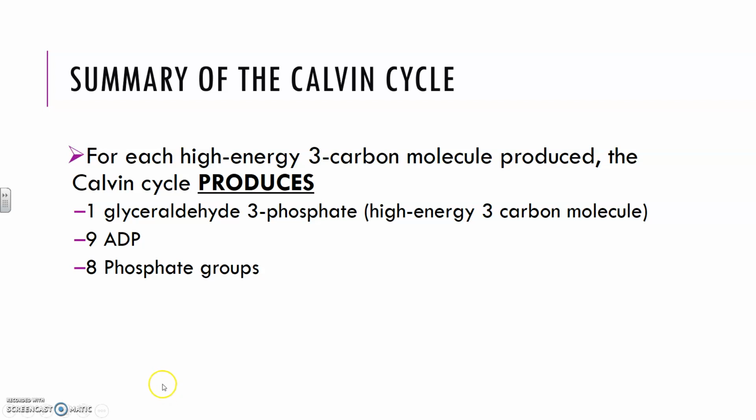This might seem a little bit weird until you notice that this high energy 3-carbon molecule has a phosphate added onto it. That bond is where that energy is. So you have 1 phosphate in your glyceraldehyde 3-phosphate, and you have 8 phosphates that are just released. That's why you have 1 and 8, and then you have 9 ADPs. You're also going to release 6 NADP pluses, and that's because you used up 6 NADPHs. And that is it for photosynthesis.